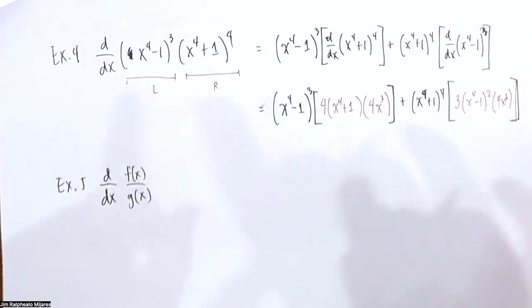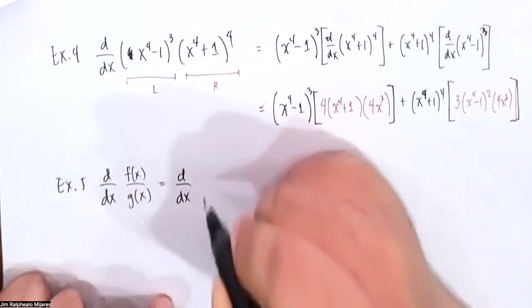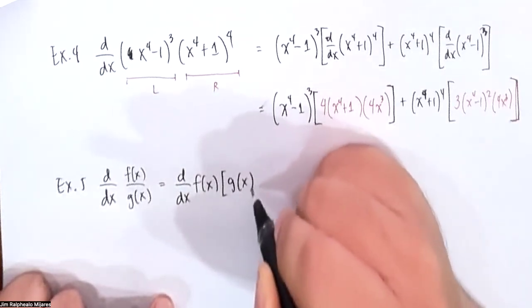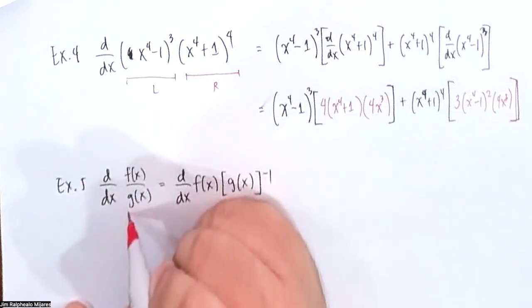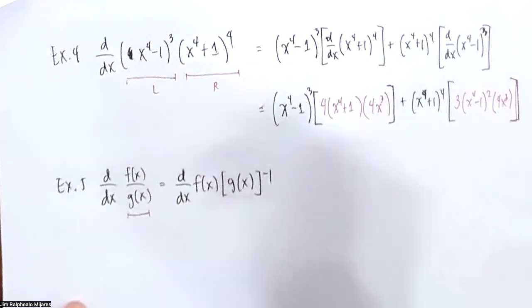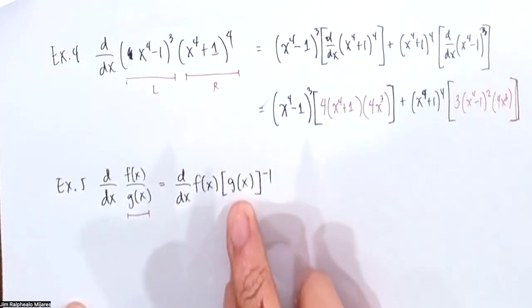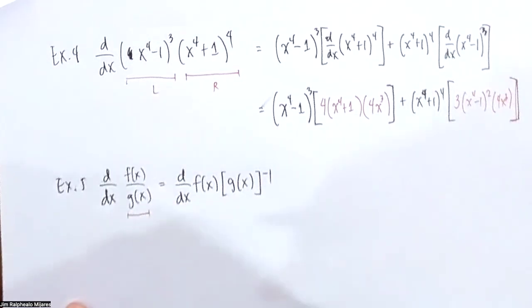But the way we will derive it, we'll rewrite the problem into this. So from here, you should see that this right here is the same as this one. So I wrote f of x over g of x as f of x times g of x to the negative 1.